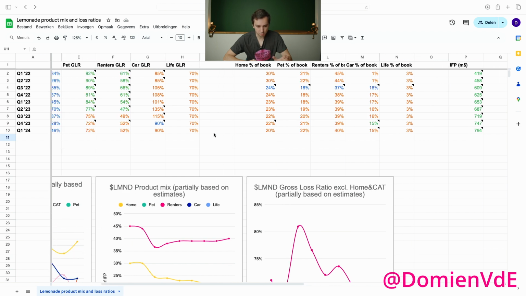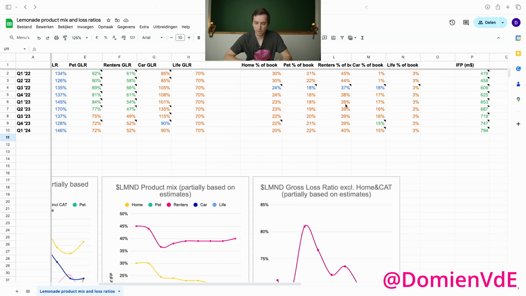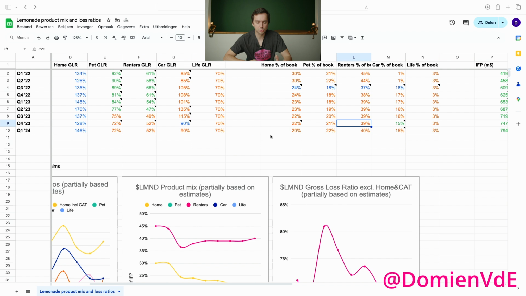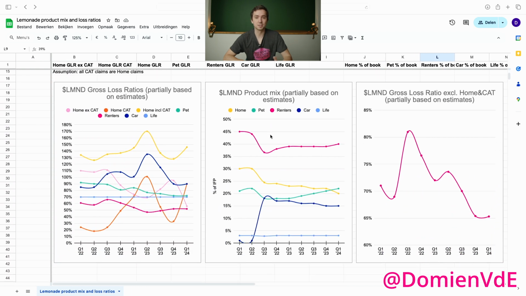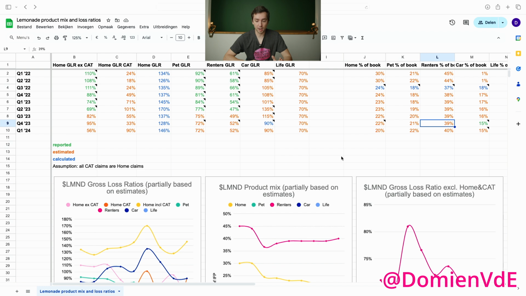With this small number of assumptions, like for example, the product mix changes slowly throughout time, I've managed to fill in all these gaps, and that's how I created these three graphs, right? So I'm quite proud of the work I did here.